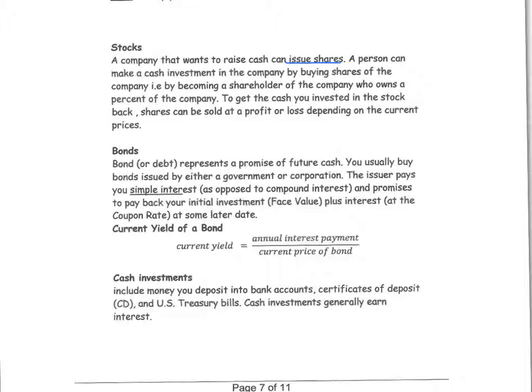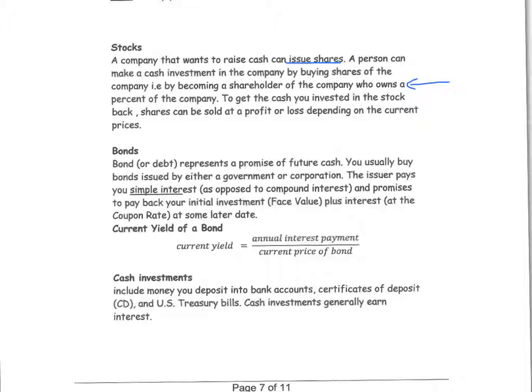Basically, they sell a piece of the company to the person who wants to invest the money. A person who makes that sort of investment by buying shares becomes a shareholder of the company. A shareholder is the owner of a piece of that company.